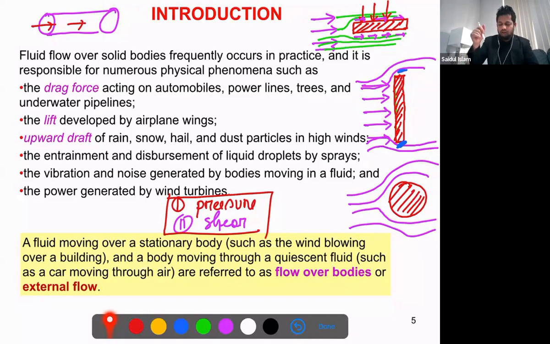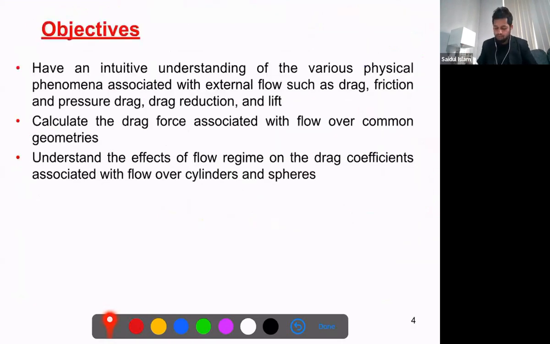When we analyze the external flow, we will not consider the local change of this pressure or the shear force. We will be looking for the resultant or the total pressure force and the shear force which is acting on that solid body. I'll go back here.